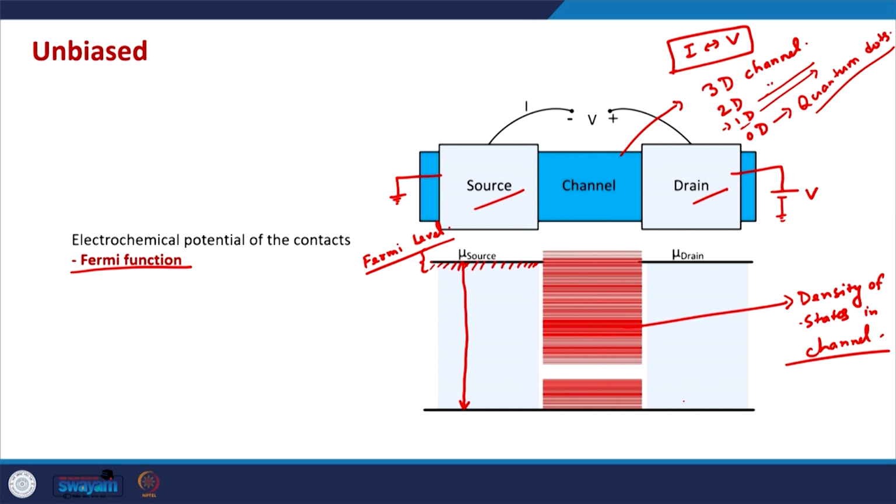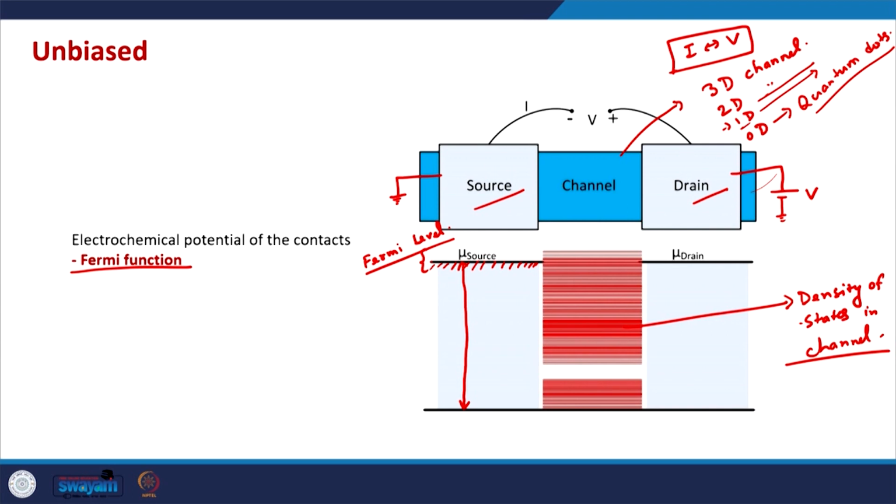We need to understand the density of states in all these kinds of channels, and apart from that, we will also need to know about the Fermi function. Once we understand these two ideas, we will be in a position to understand the transport and IV characteristics of the device.